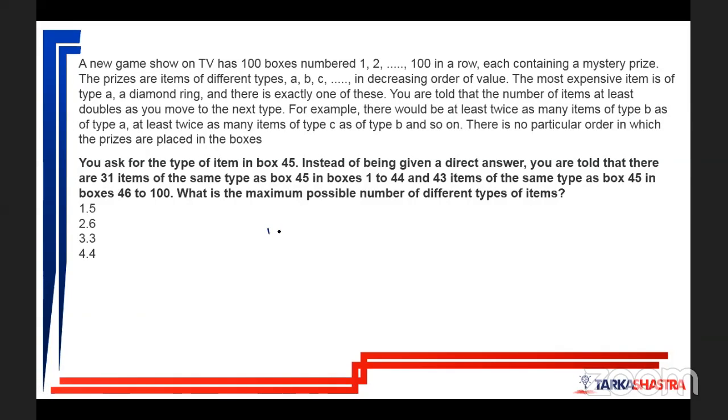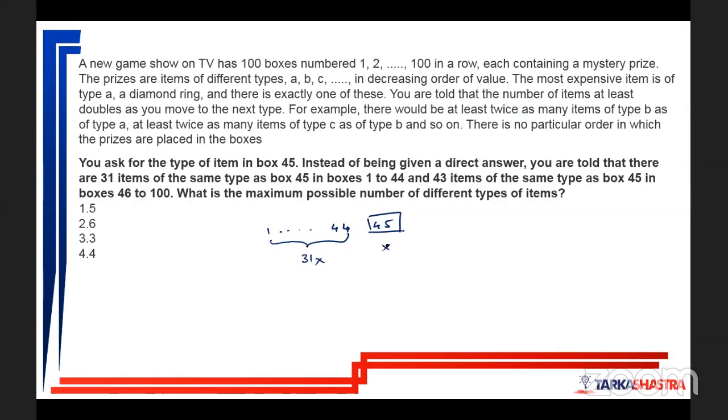So 1 to 44. So let us say box 45 has X item. It can be B or C or D, whatever it is. So this is X.